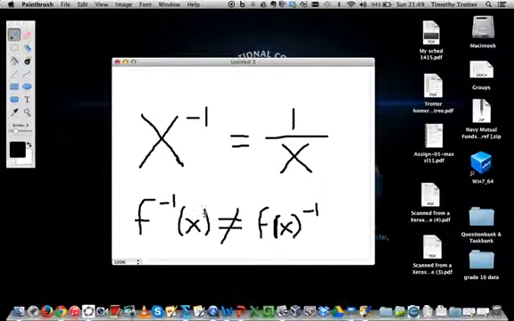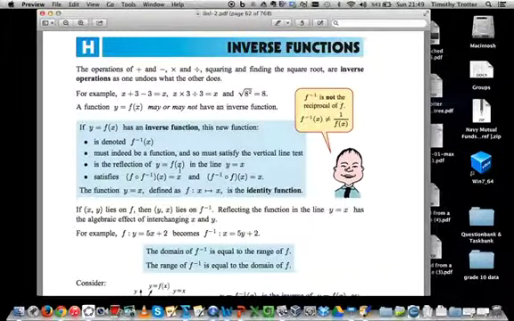Here we have the function inverse, and over here we have the function reciprocal. This is saying take the negative 1 power of this function. This is trying to say this is the inverse of this function. So it's very confusing. It's very unfortunate. Sorry about that. I didn't invent it, but this is the way it works. So we're going to just have to be careful with our notation.